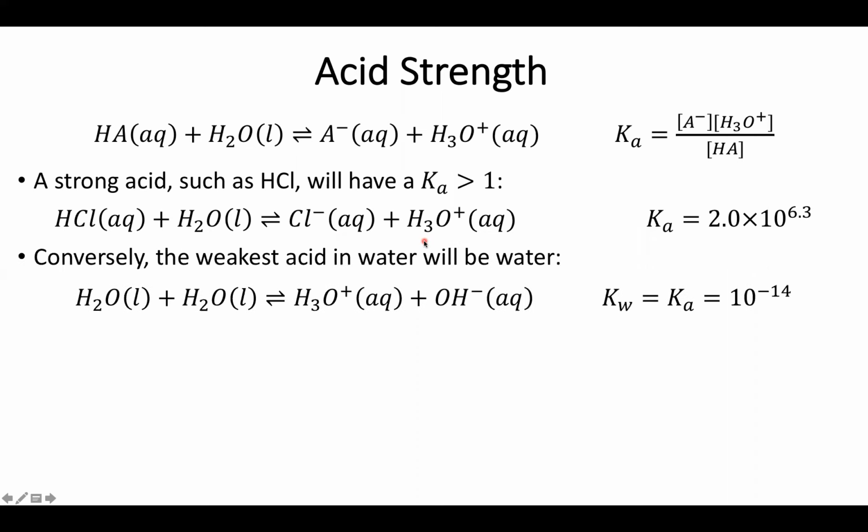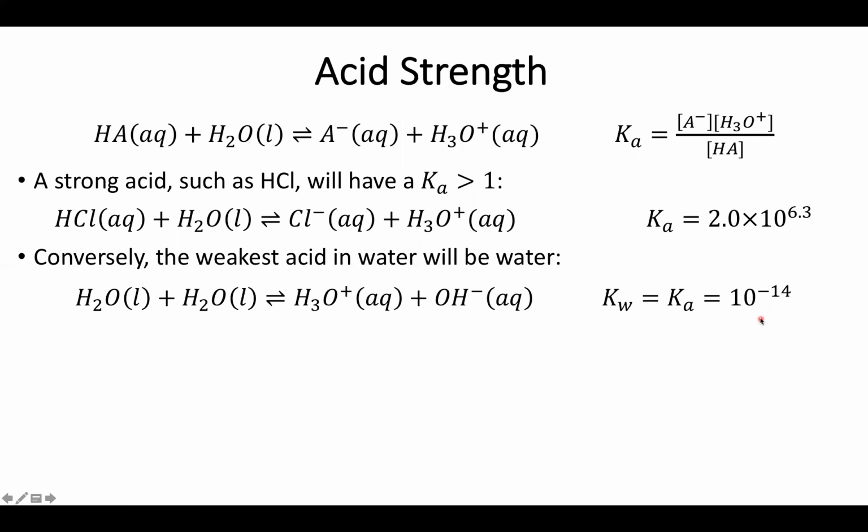On the other side, we've got the weakest of all acids, the one that barely falls apart at all, is going to be water. And we've seen this reaction before with the water dissociation reaction or water autoionization reaction, where again, water reacts with itself, forms free protons and hydroxide, and has a very low equilibrium constant.